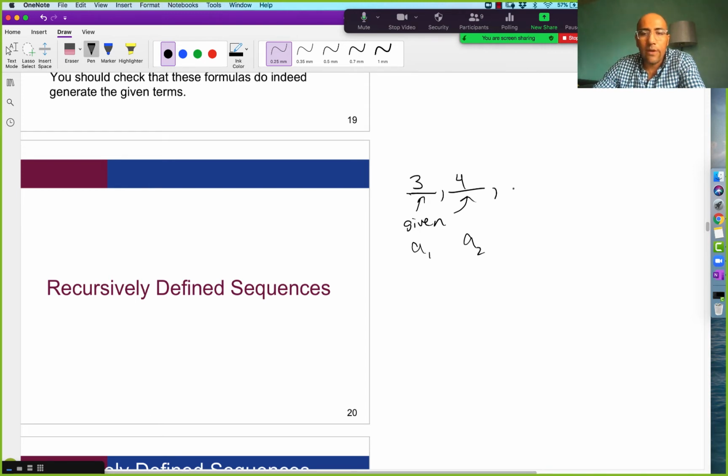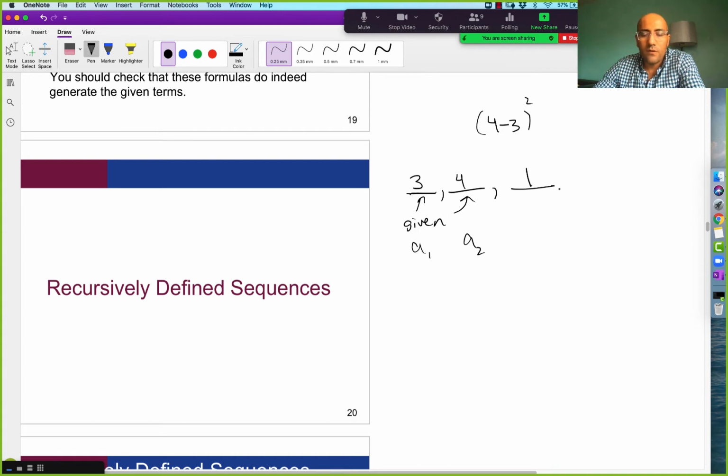Okay, but then to get to the next one, maybe the rule is that you look at the ones that came before it, and then you, I don't know, subtract them and square them. So let's say that the rule says take the 4, subtract the 3, and square it. So that gives you a 1.